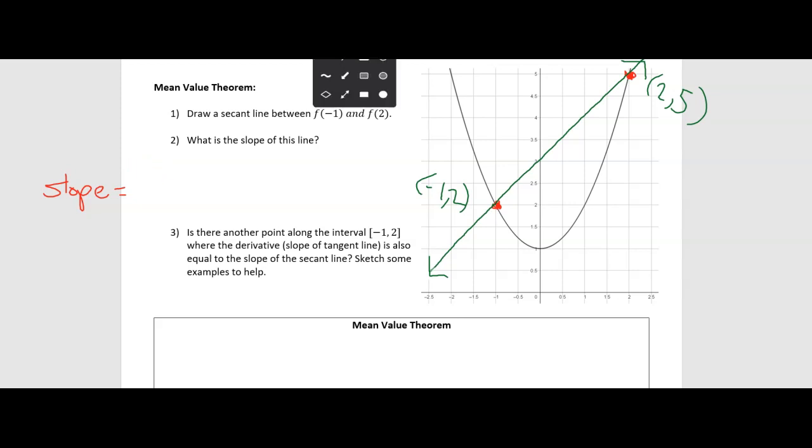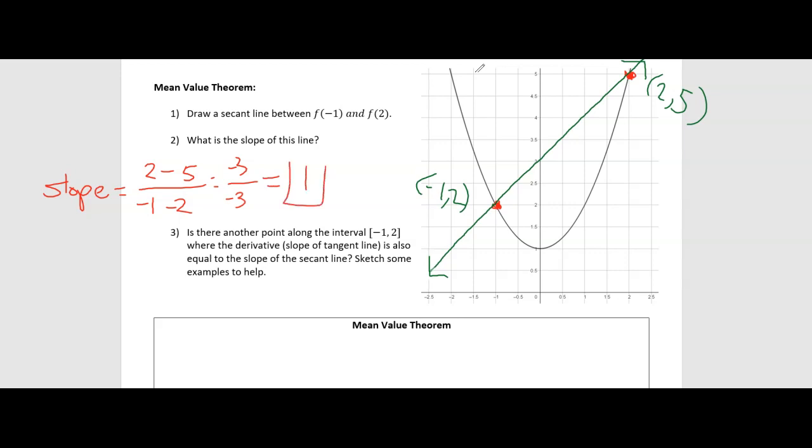We already have those points labeled, so we're just going to jump right in. I've got 5 minus 2 all over the quantity 2 minus negative 1. So that's going to give me 3 all over 3, which is going to be equal to positive 1. Which makes sense because the line has a positive slope.